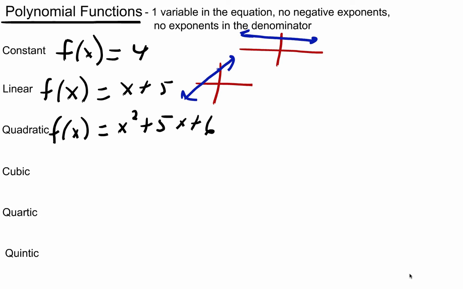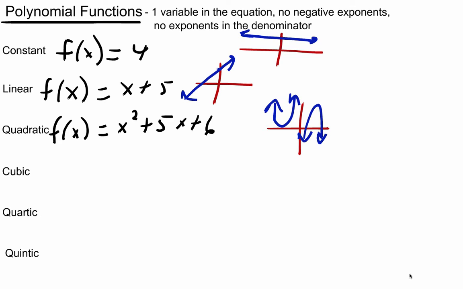For the quadratic, we've looked at quite a bit of those, so that's going to be something in a U shape. It could be something like that, or it could go down. For a cubic, you can go back to the previous page to see what the polynomial looked like, because it's the same polynomial, but it just has an f of x in front of it.